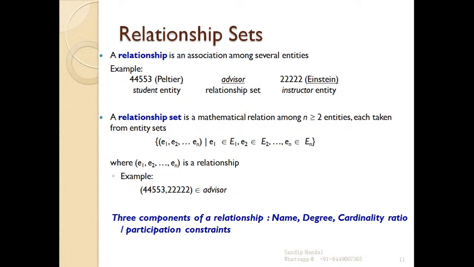For example, if I consider Peter as a student entity and Einstein as the instructor entity, or any student name, say Peter, considered as a student entity, and Einstein as a faculty entity.